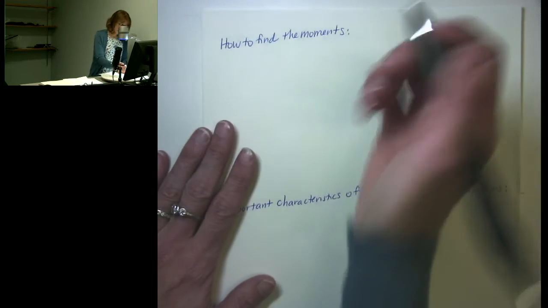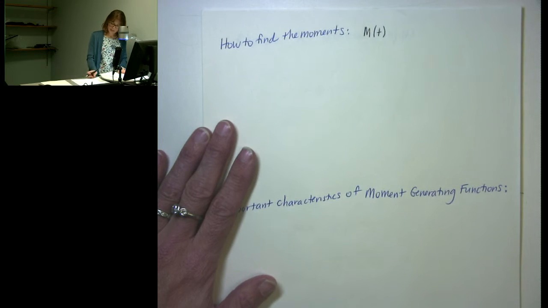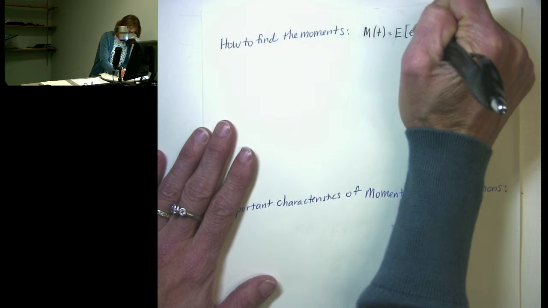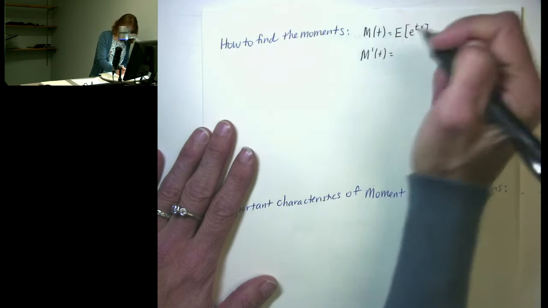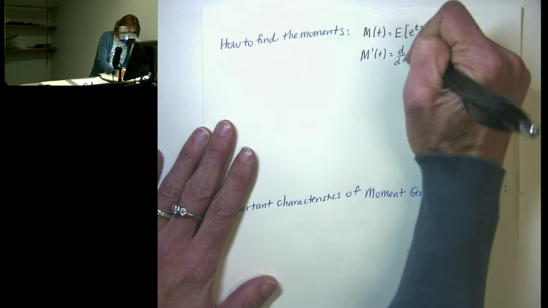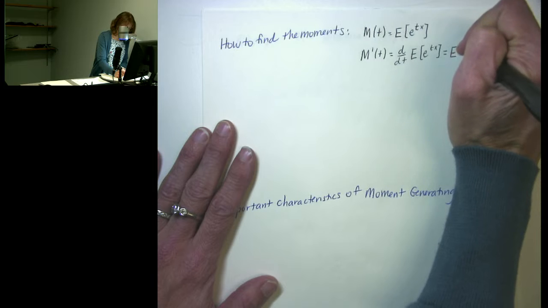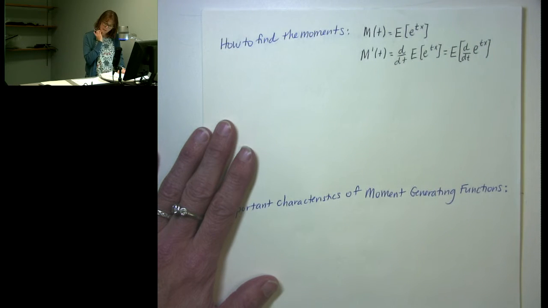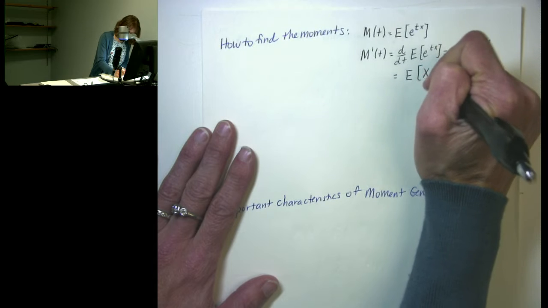So for instance, if I take my moment generating function m of t, which is the expected value of e to the tx, then the first derivative of the moment generating function is the derivative of the expected value of e to the tx, which in fact is equal to the expected value of the derivative of e to the tx, and that gives me the expected value of x times e to the tx.